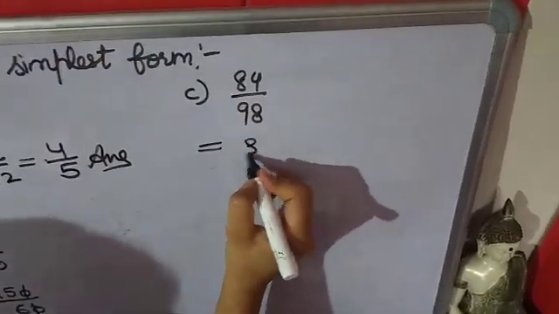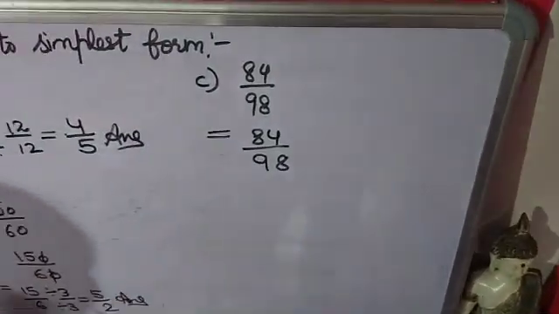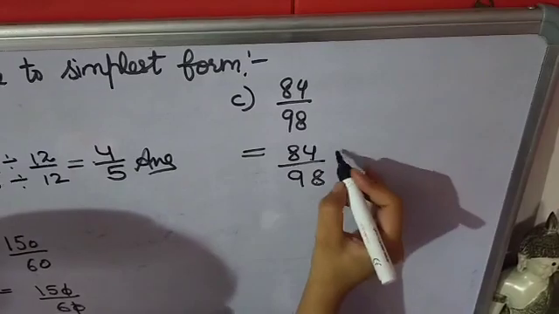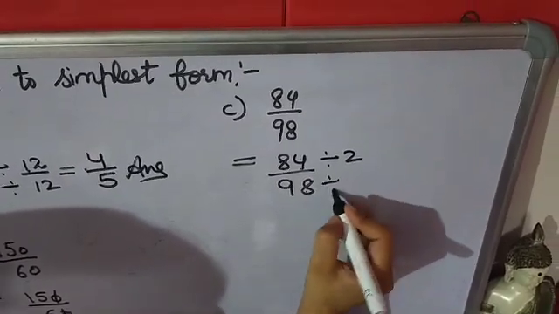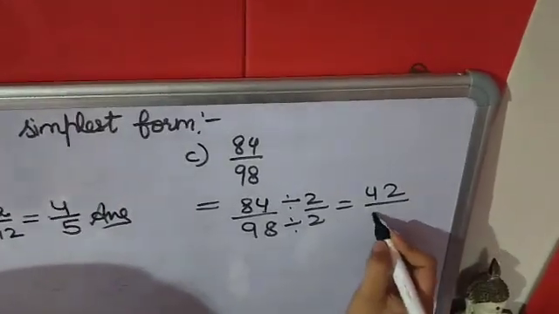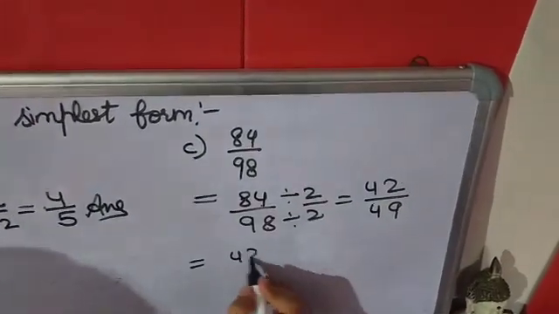Next number is 84 upon 98. Now we will check this. The last digit is 4, the last is 8, so it will be divisible by 2. It is 42 upon 49.